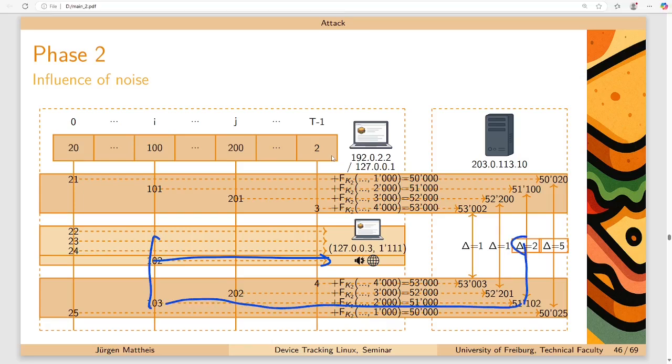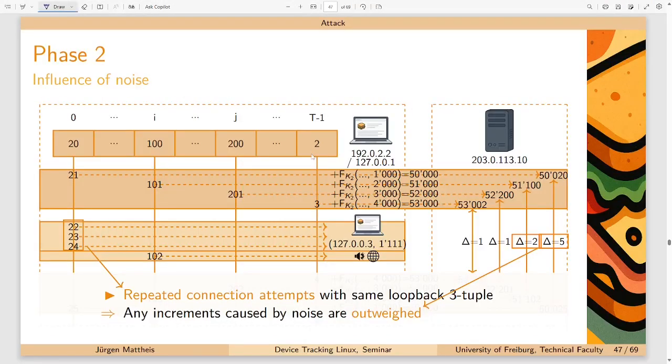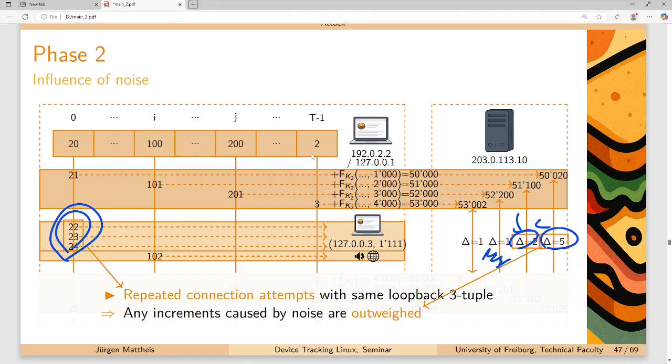But what we can do is send this loopback free tuple a sufficient number of times, such that the increments caused by the noise are outweighed. This one here is the noise. The increments caused by the noise are outweighed by our repeated sending of the same attacker free loopback free tuple.